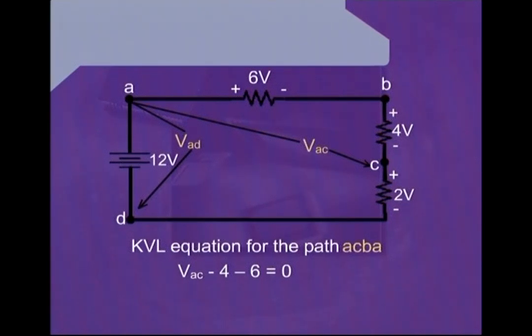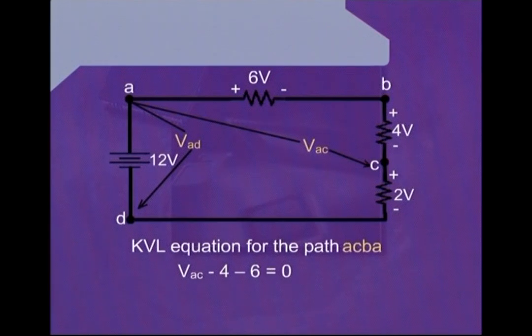Now, after writing this, we move forward to the point C. And from point C, because we have already chosen the path A, C, B and A, we will be moving towards the point B. As we are standing on the point C and looking onto the point B, we can see there is a resistance in between the points C and B, and the terminal of the resistance which is towards the point C has been marked as negative.